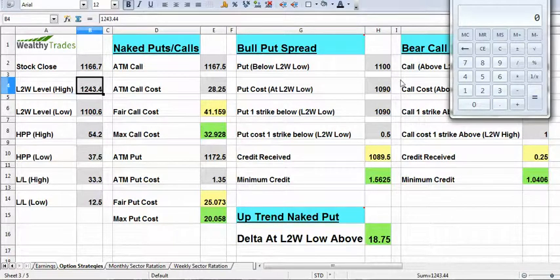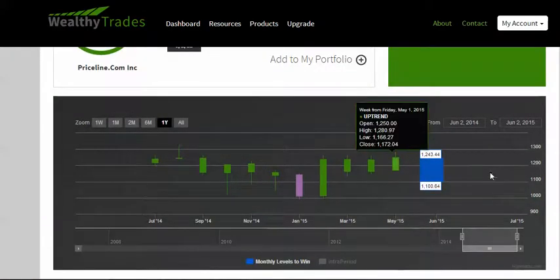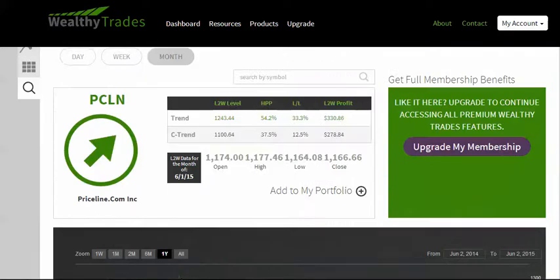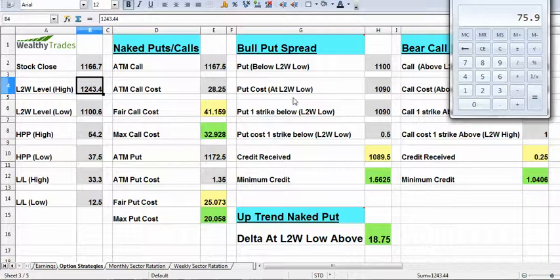Well, the expected high is 1243.40, and my at the money call is 1167.50. So there's a $75.90 distance between the expected high and current price.